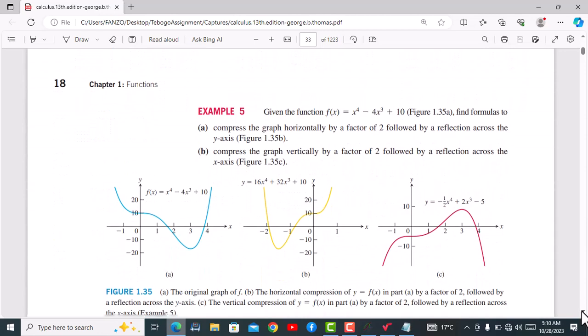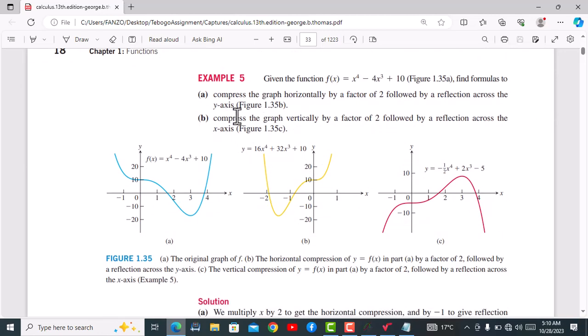Many of these can be proven right or wrong, so I'm not going to stress so much on that. Example 5. Given the function x to the 4 minus x cubed plus 10, find the formulas for compression of the graph horizontally by a factor of 2 followed by a reflection across the y-axis.